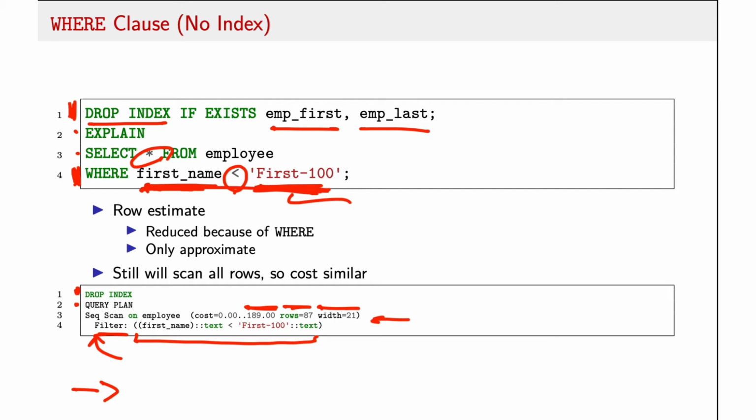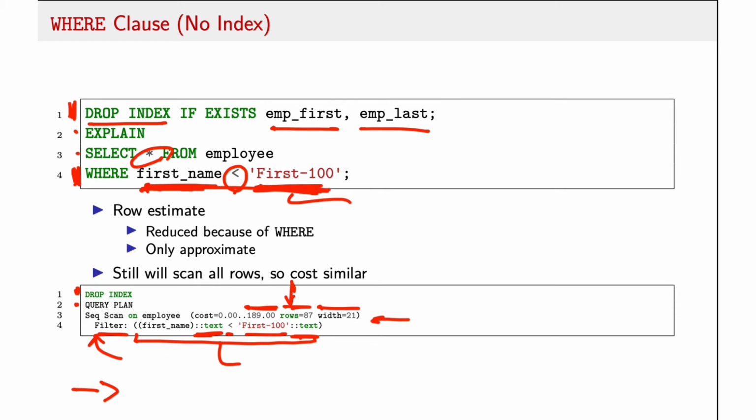So it's saying that the first name is less than that string. It's included some casting operations here to tell us what specific type it's going to cast those things into. But it's reassuring to recognize that the sequential scan will be filtered according to that criterion, and the database therefore concludes that it's going to return about 87 rows.